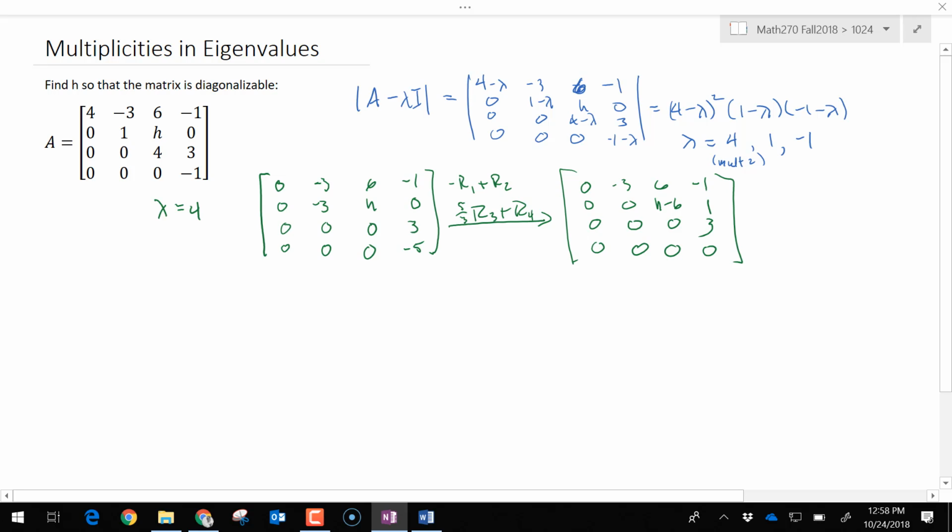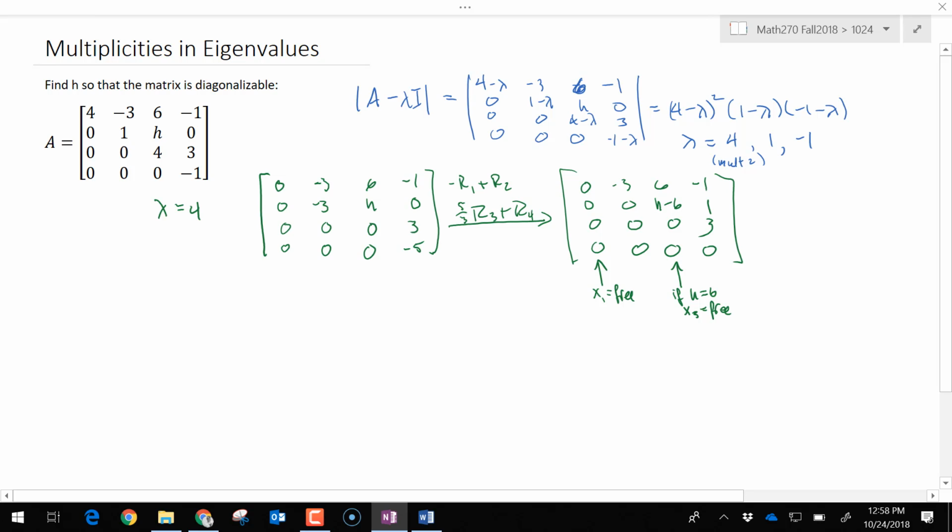So we see that x1 is free, and if h is equal to 6, then x3 is also free.